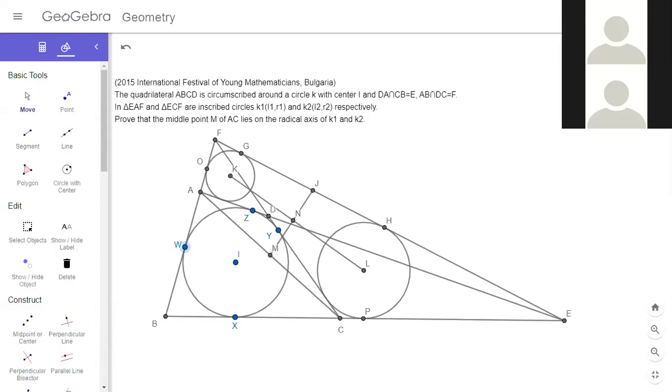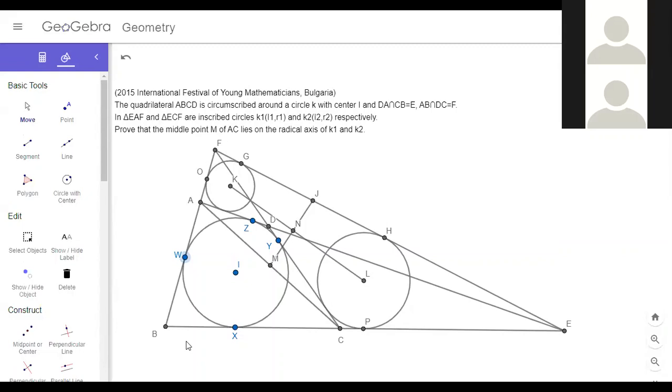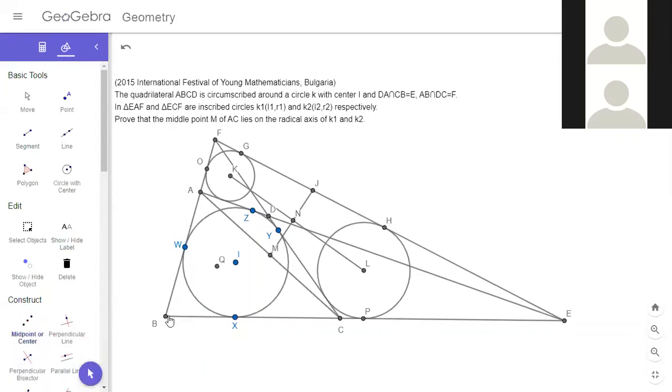I kind of like that picture. Maybe the Gauss line of ABCD. So that might help. So Q and M meet at the midpoint of EF. I'm not sure how much that would help. Let's see.